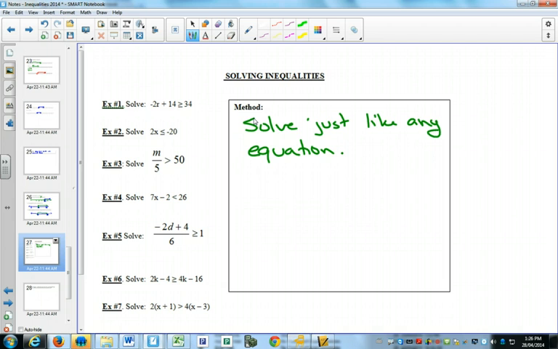Okay. So the first thing you're going to do, you're going to solve it just like any other equation. So all the steps that we learned for solving equations, you combine your like terms, you want to isolate the x value, all of that stays the same.